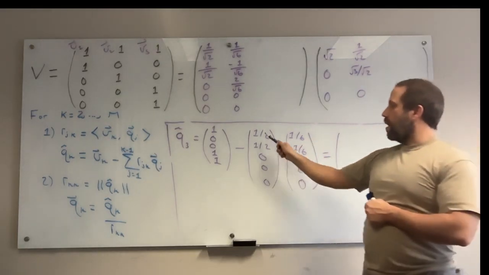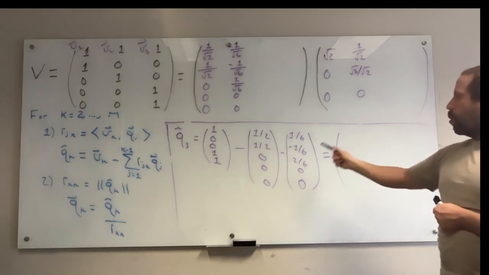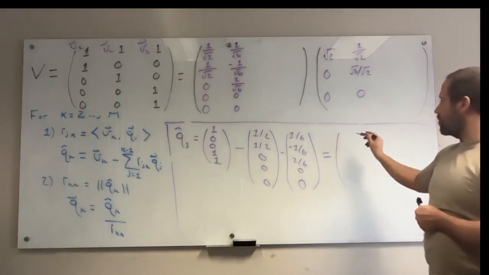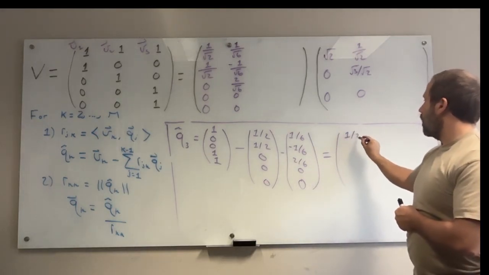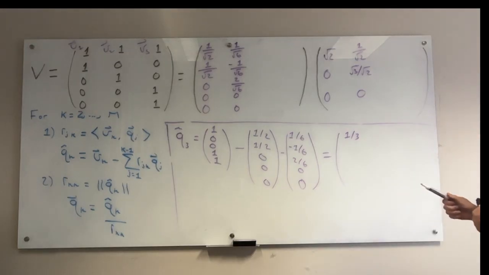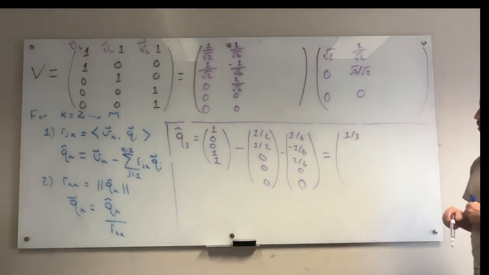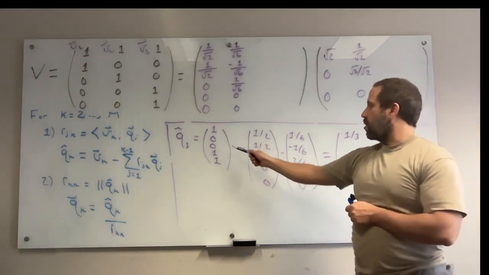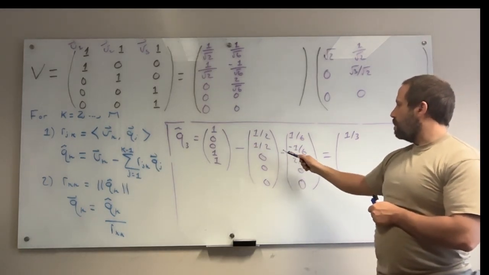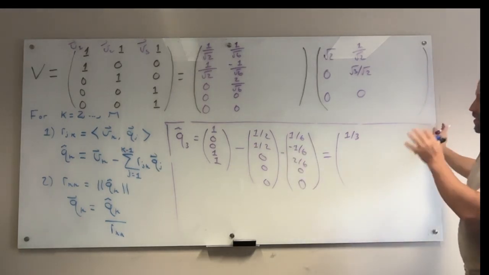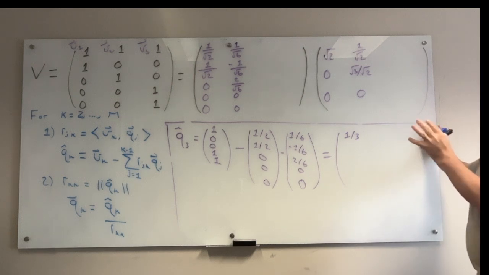So 1 minus 1/2 is 1/2. 1/2 minus 1/6 is 1/3. Well, yeah, that's right. 1/2 is 3/6. So 3/6 minus 1/6 is 2/6, and that is 1/3. Then we're going to have 0 minus 1/2, but plus 1/6. Okay, so it's minus 1/2 plus 1/6.